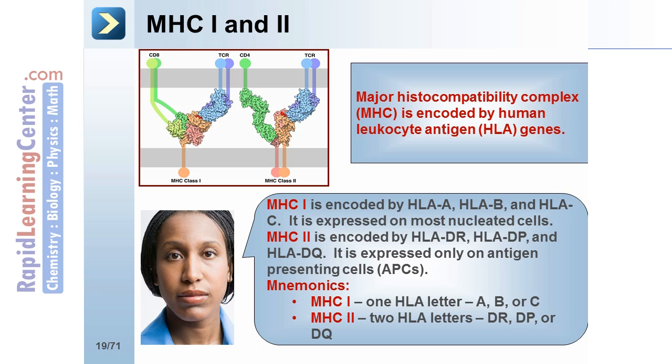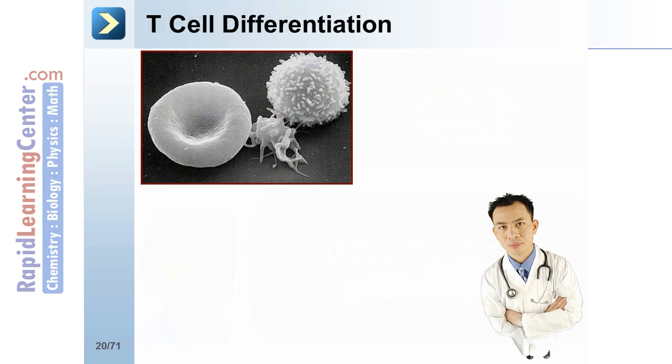You can remember this with the mnemonic that MHC1 is 1 HLA letter, A, B, or C, while MHC2 will have 2 HLA letters, DR, DP, or DQ.